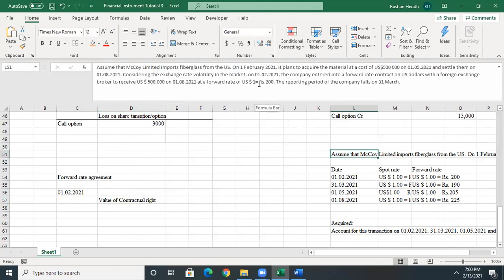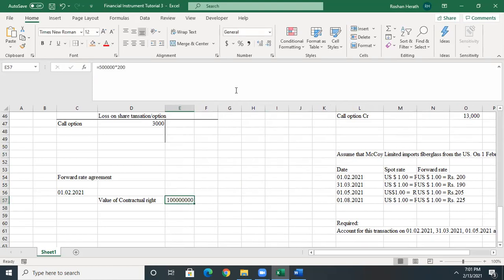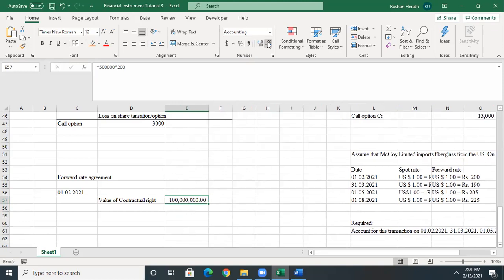You enter into a contract to purchase 500,000 US dollars at rupees 200 each. And that is the value of your contract. You are eligible to receive them at that particular value.